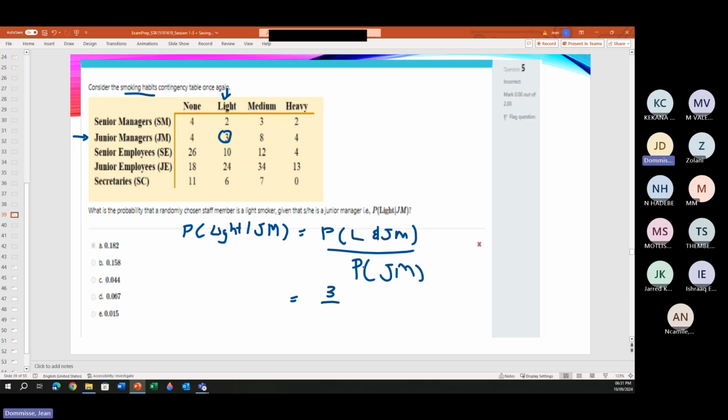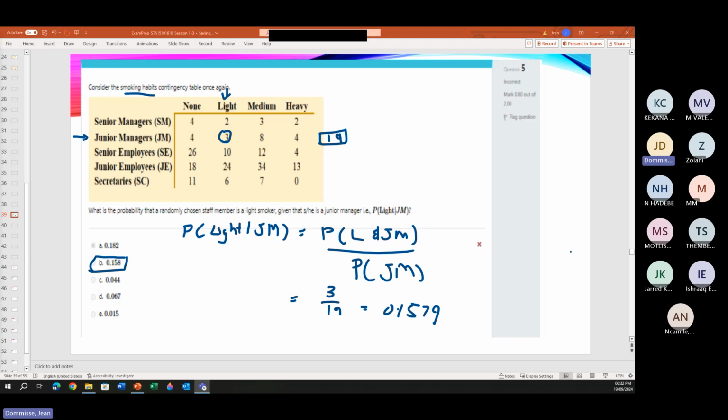Probability that the person is a junior manager, so we need to get that total. 4 plus 3, 7, 15, seems like 19. So that is 3 divided by 19, which is 0.1579. Round it off, 0.158.